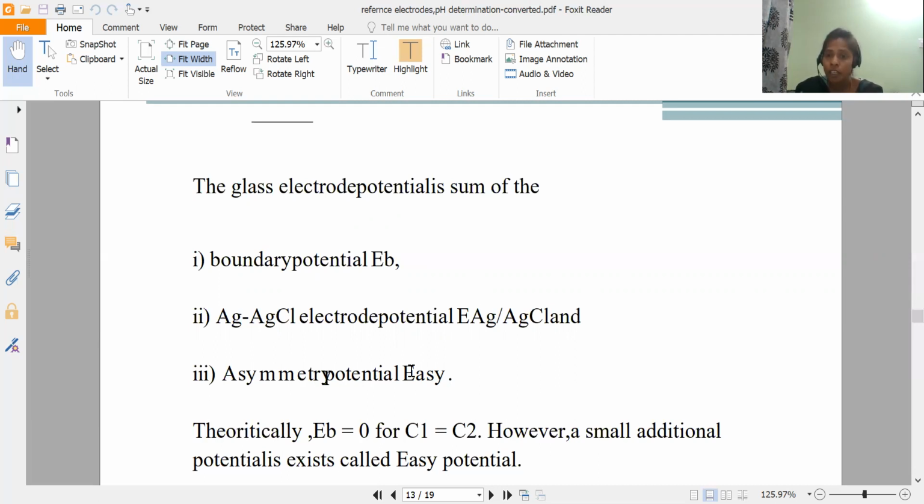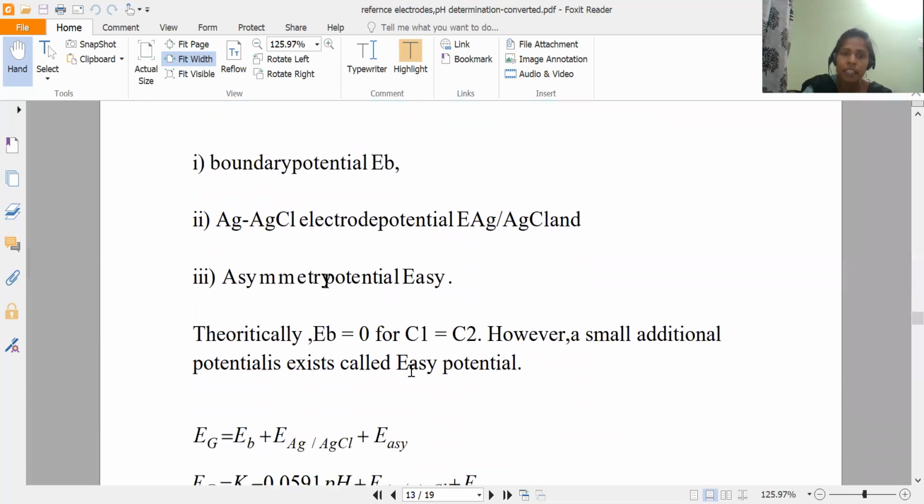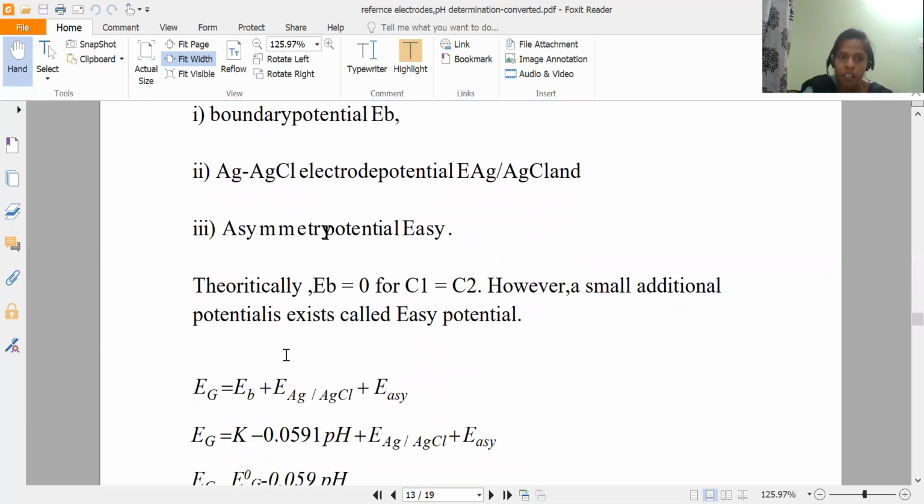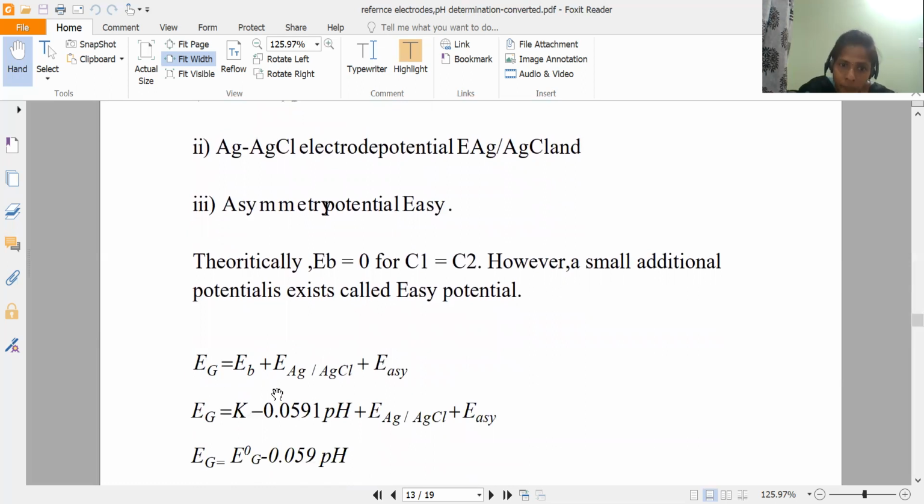Theoretically, EB is equal to 0 for C1 equal to C2. However, a small additional potential exists called asymmetric potential. So in the place of EG, we can write EB plus EAg-AgCl plus E asymmetric. EB means boundary potential, EAg-AgCl means internal reference electrode potential, and then asymmetric potential.